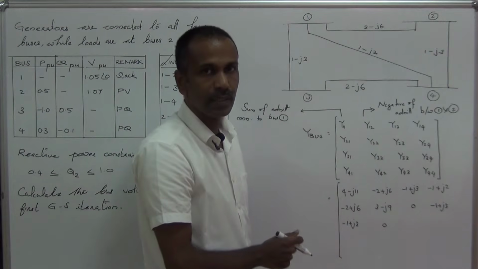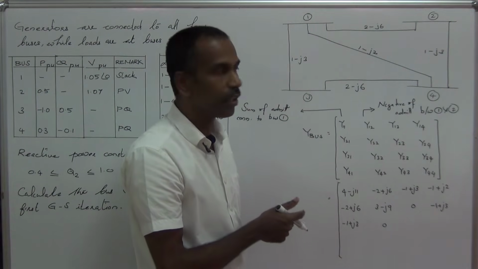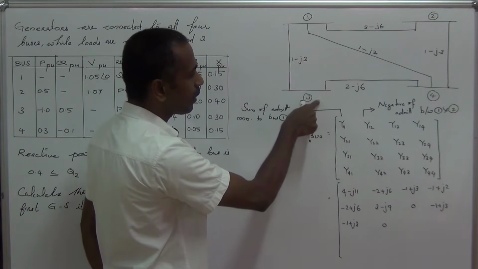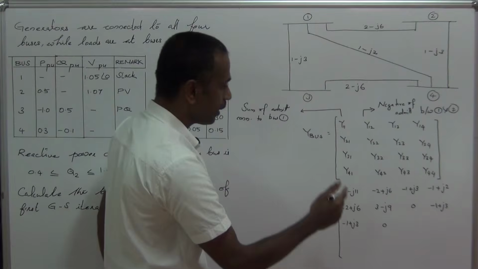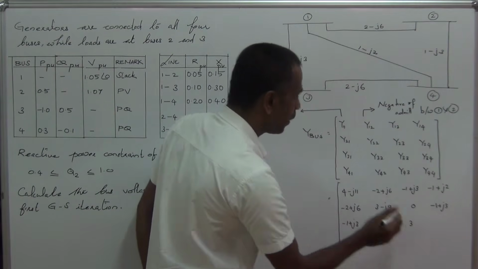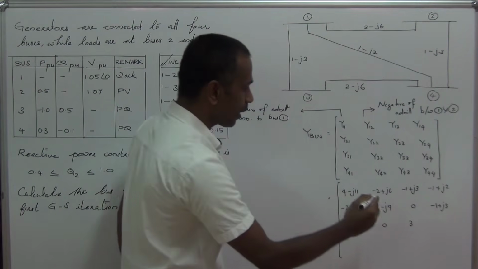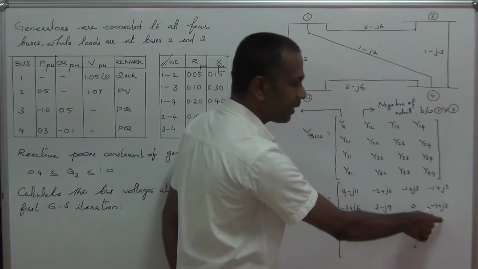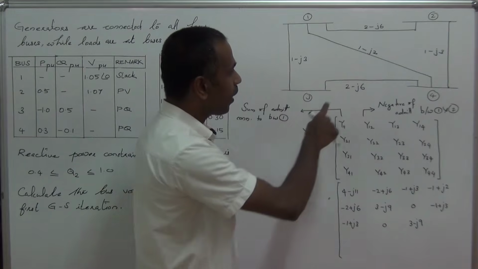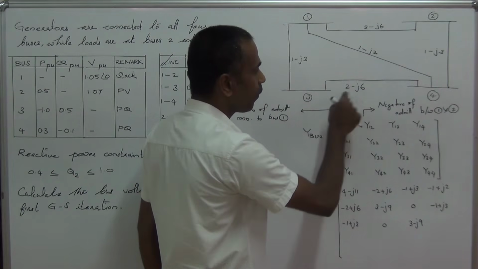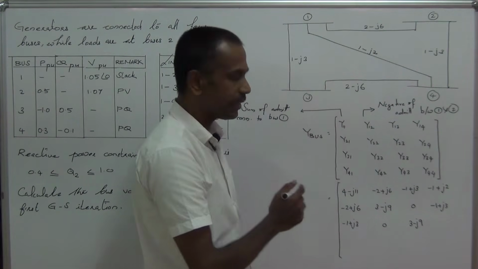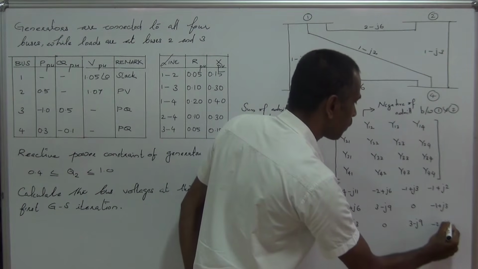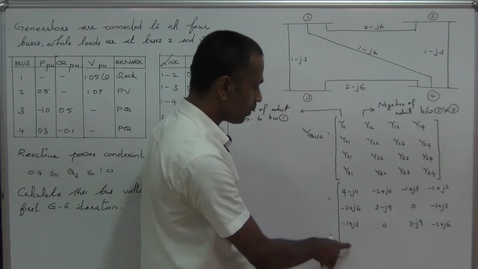What is Y33? Total admittance connected to the third bus. This is the third bus. These two lines are connected to the third bus. Add the real parts together. Add the imaginary parts together. 3 minus j9. What is Y34? The negative of the admittance between bus 3 and 4, minus of 2 minus j6, so it is minus 2 plus j6.